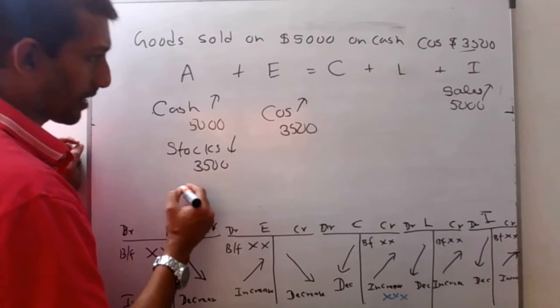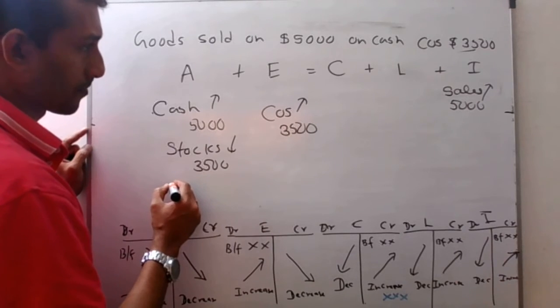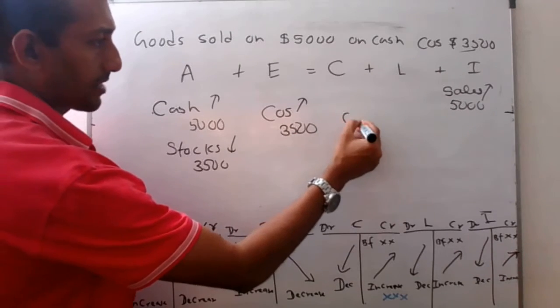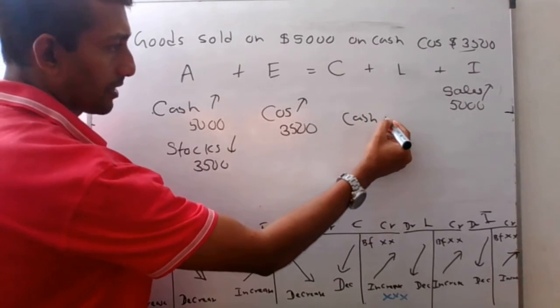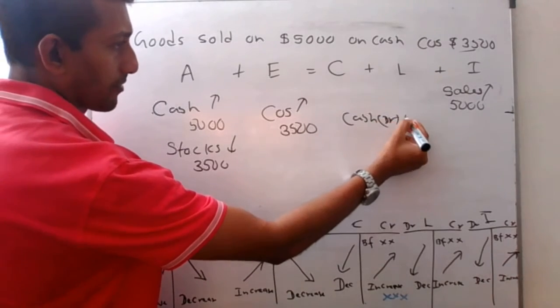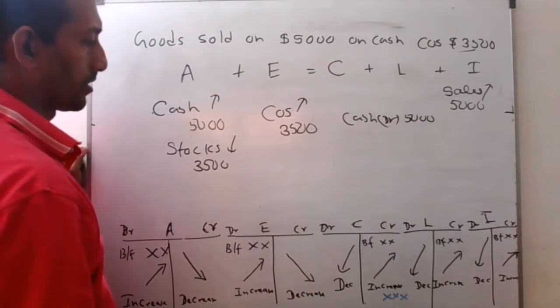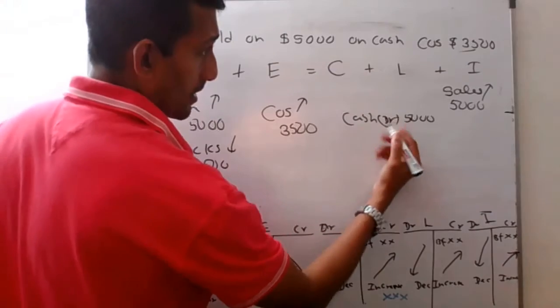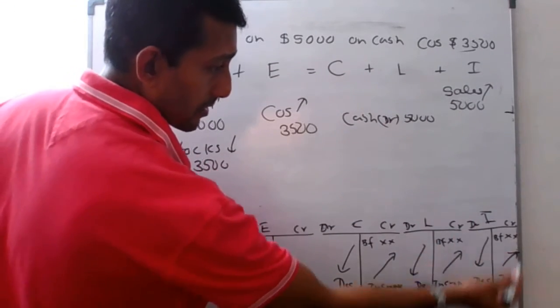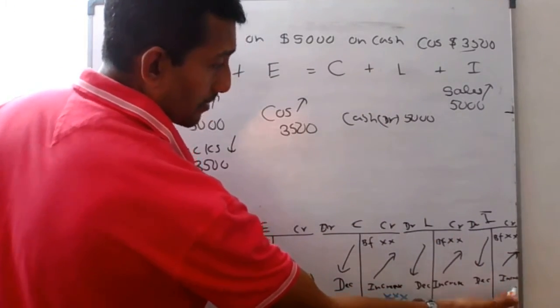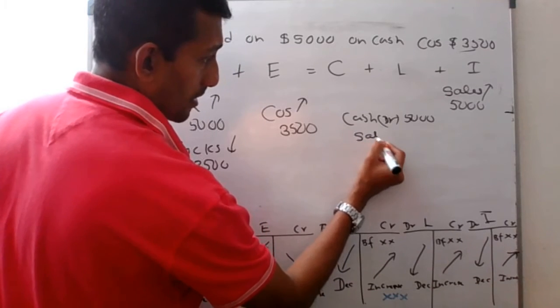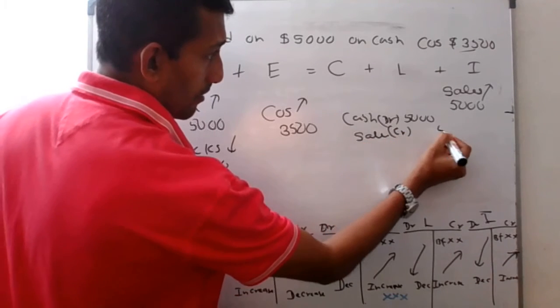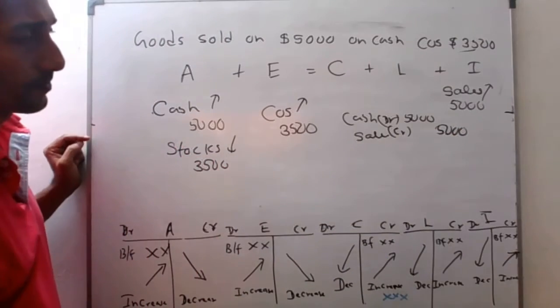So if I may write the double entries, the cash is debit by 5,000, and at the same time my sales are increasing. Because the sales are increasing, it is a credit balance, so the sales account will credit 5,000.